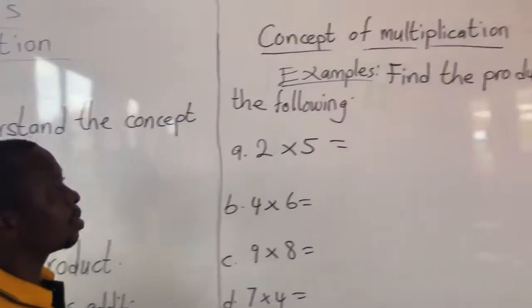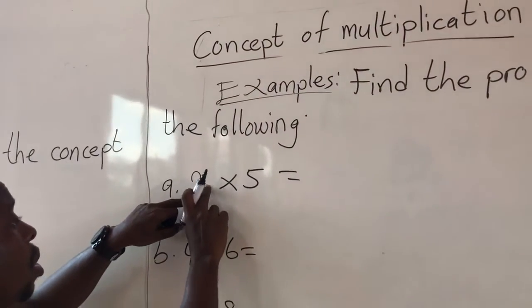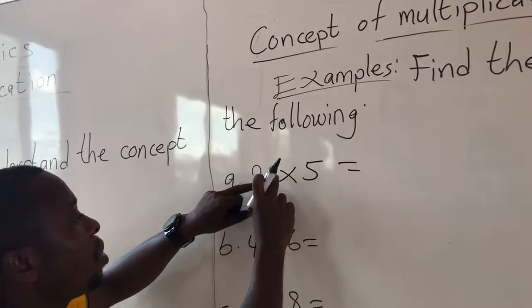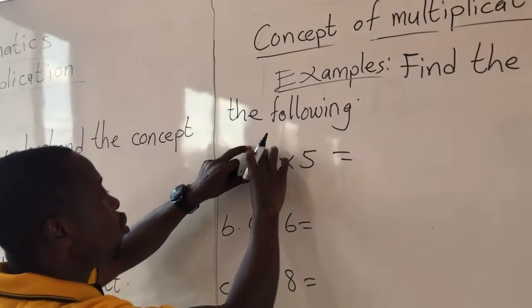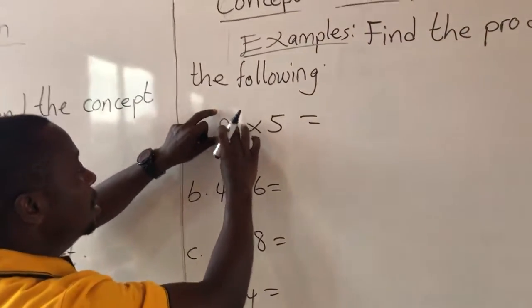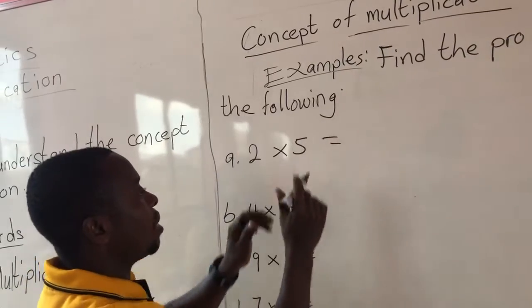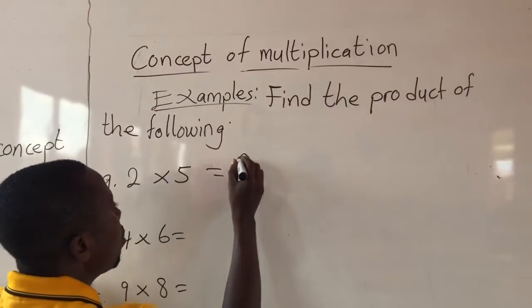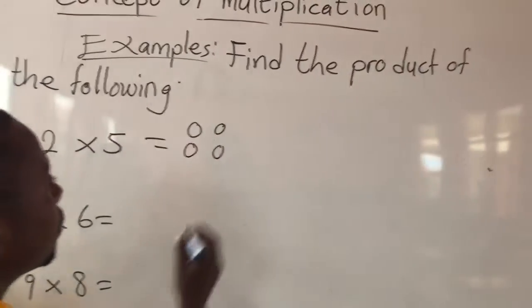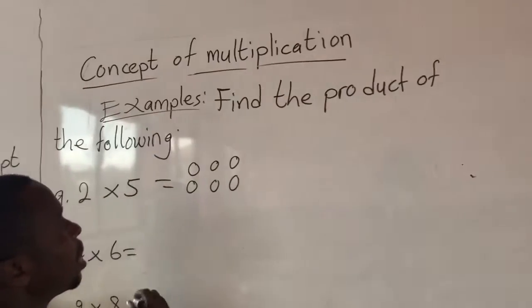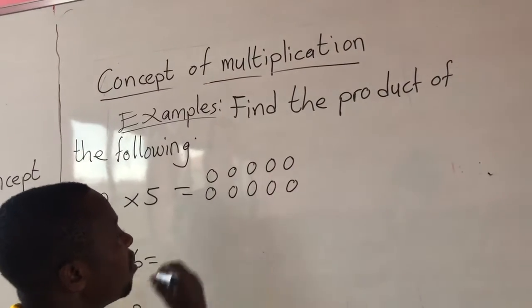So now let's look at this. Over here, it means two objects in a group, and you are going to multiply it by 5. So that particular group is going to be taken 5 times. This is the first group, this is the second group, this is the third group, the fourth group, and the fifth group.